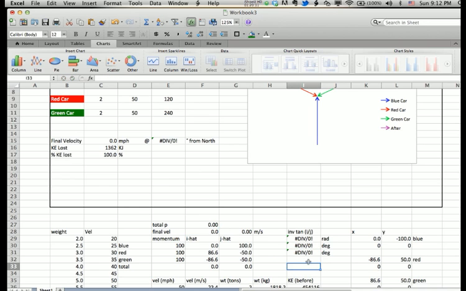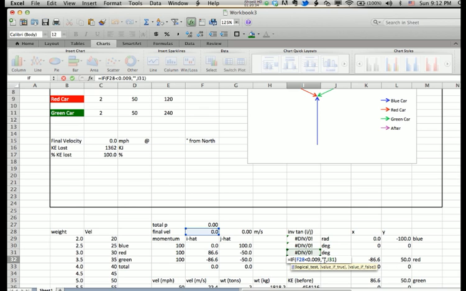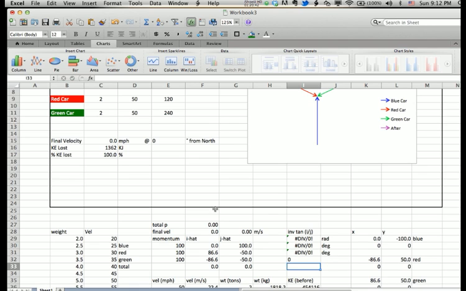Okay, so now instead of getting that angle right there, I'm going to come here and have this be equals I-32 instead. Actually, what I needed to do there was, instead of printing nothing, I should print 0. Let's do that. There. So now I get a final velocity of 0 miles per hour at 0 degrees from north. And I could do it that way.